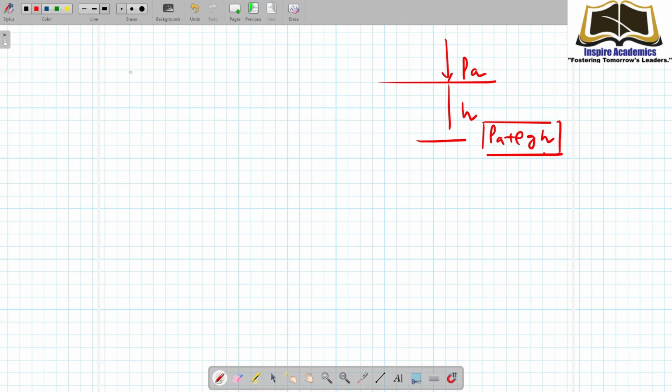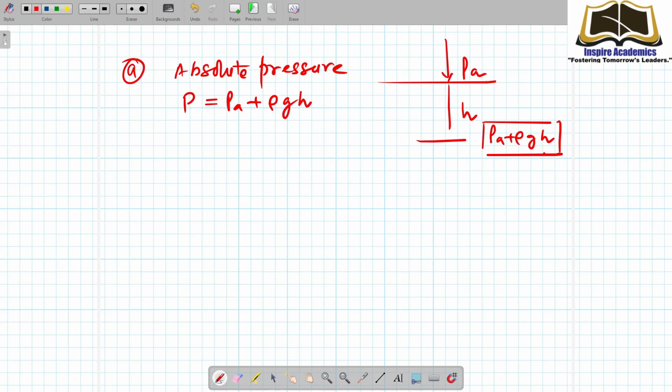Can you calculate for A what is the absolute pressure? Absolute pressure P is PA plus rho gh. So calculate.